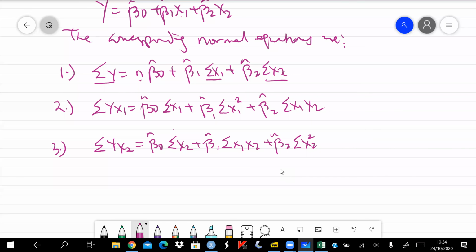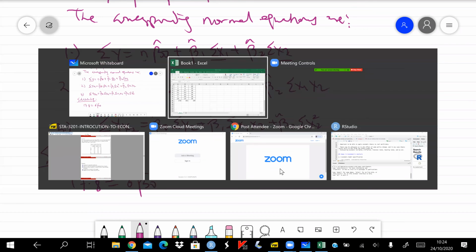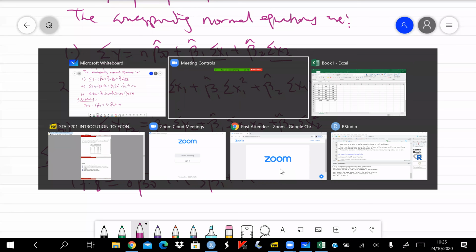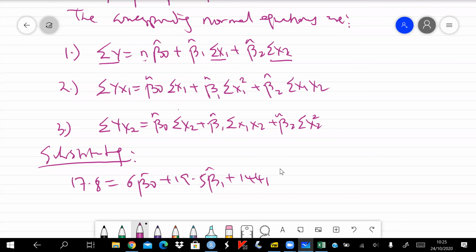So from the first normal equation, substituting, we have summation of y, which is 17.8, is equal to n, which is 6, so we have 6 beta naught plus 19.5 beta 1 plus, sorry, this is 144, 144 beta 2.